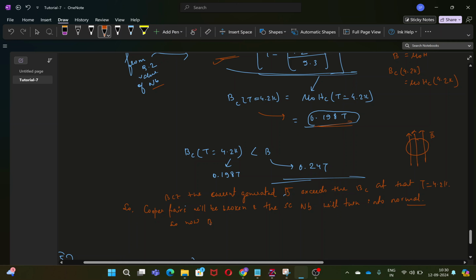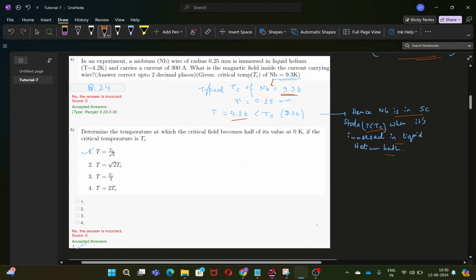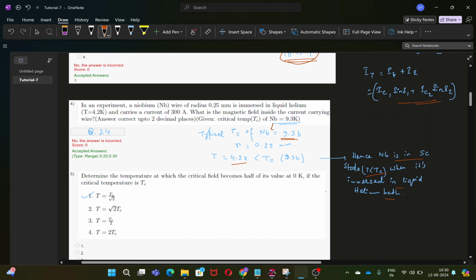Now B is not equal to 0 inside it, because it is not a superconductor anymore, and the value of B that we have calculated inside the wire is 0.24 Tesla, caused by the 300 ampere current flowing inside the wire. Okay, so we got our answer: 0.24. Correct up to 2 decimal places is asked in the question, and the correct range is between 0.2 and 0.3, so our answer is reasonable. This is the correct answer for this question.